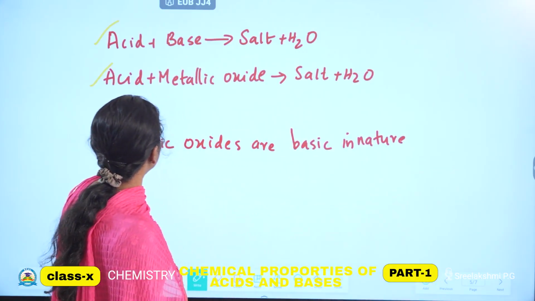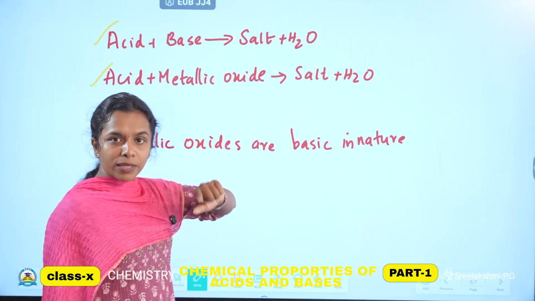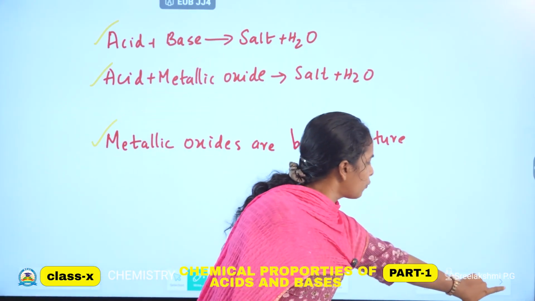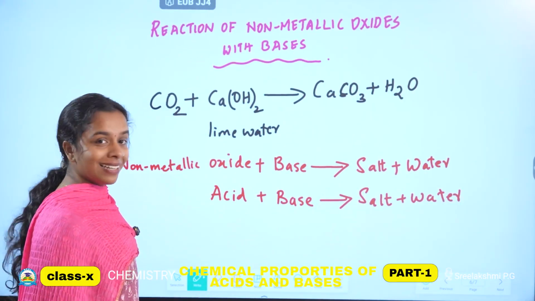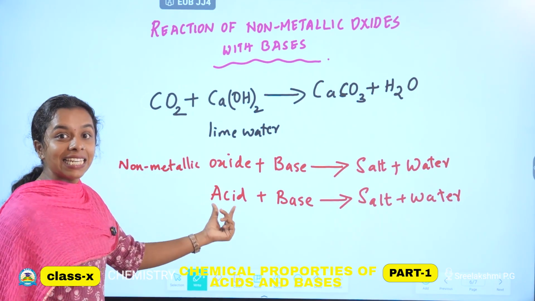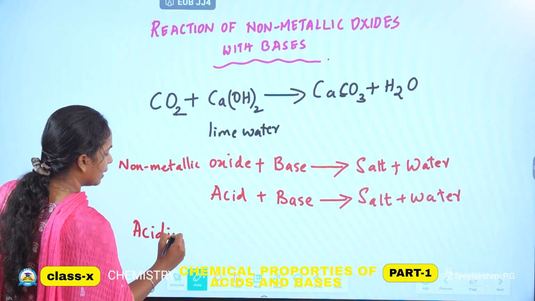So here we have base in common, salt in common, water in common. Just like the last one, here we have acid in common, salt in common, and water in common. We said metallic oxides are basic in nature. So from this, what can we understand? Yes, non-metallic oxides are acidic in nature. So what is the final conclusion?